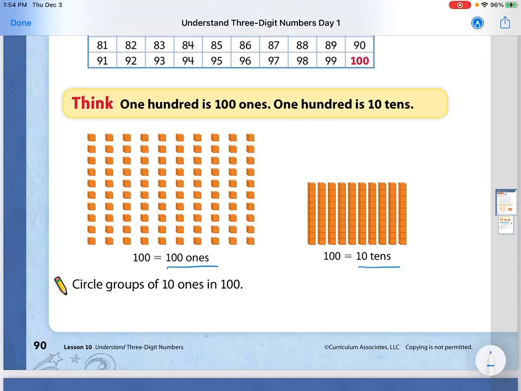It says to circle the groups of 10 ones in 100. So they want you to circle the groups of tens. So with your pencil, you're going to go through and circle all these groups of tens. So go ahead and do that now. You can pause the video and we'll just get right back to the next side of the page.